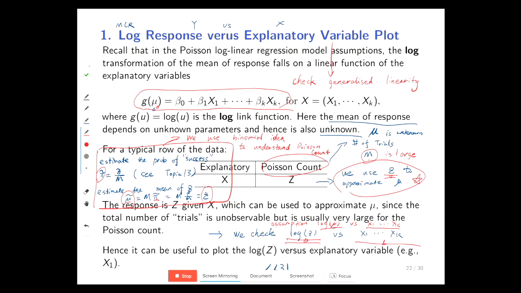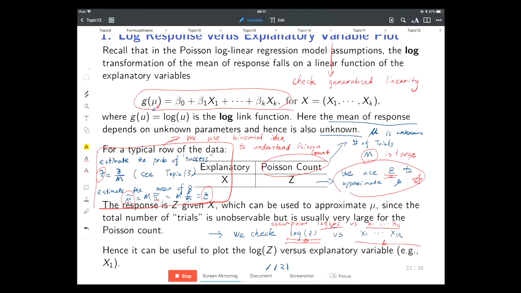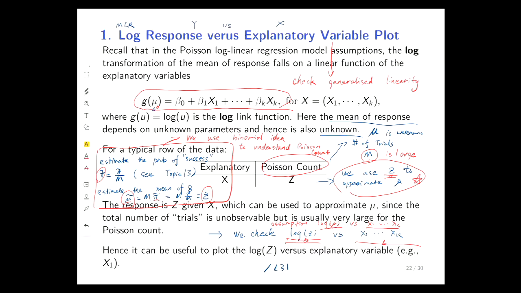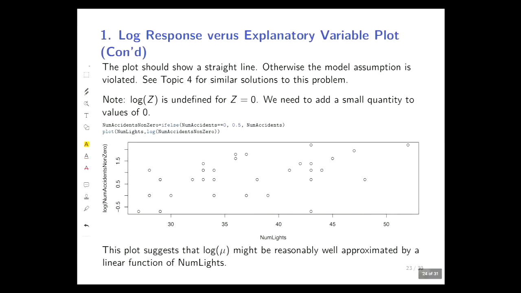That's how we do that, even though the idea behind it requires the understanding of the relationship between the binomial distribution and the Poisson distribution, which may be beyond the scope of this course. And we try to draw this plot by using R. Also, if the assumption is true, we should have this straight line.